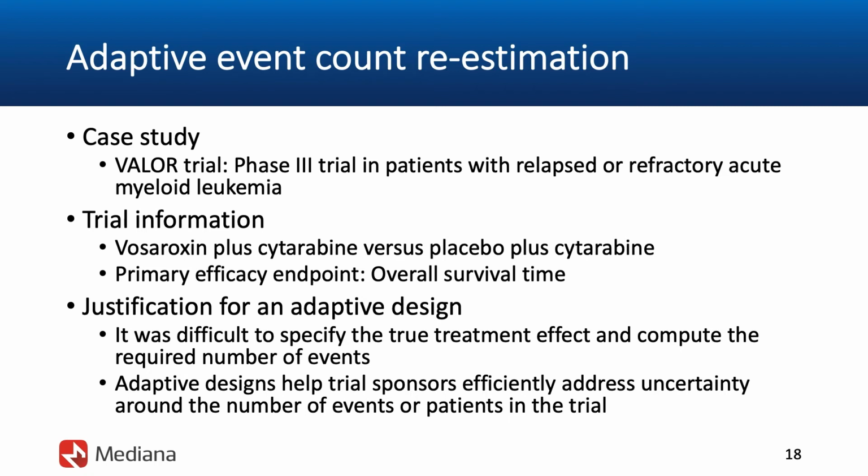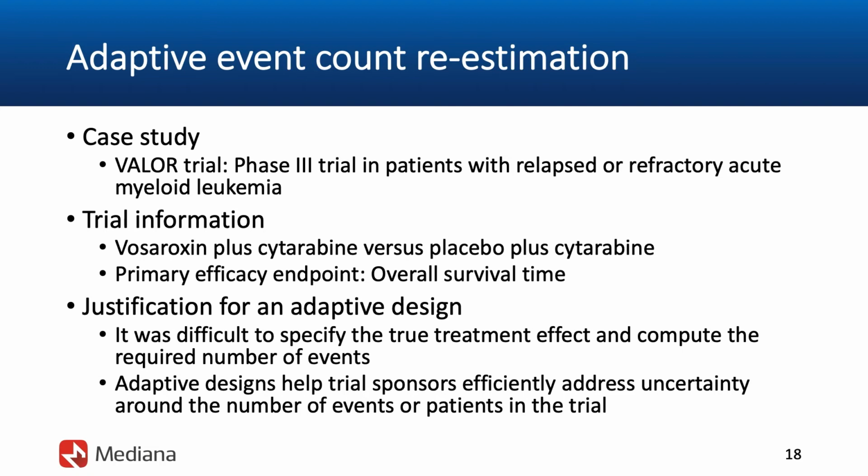And this is something that would apply, of course, to most adaptive designs that are aimed at sample size re-estimation or event count re-estimation. In this case, we will talk about re-estimating the target number of events because it's an event-driven trial. The probability of success here depends on the number of observed deaths as opposed to the number of enrolled patients.